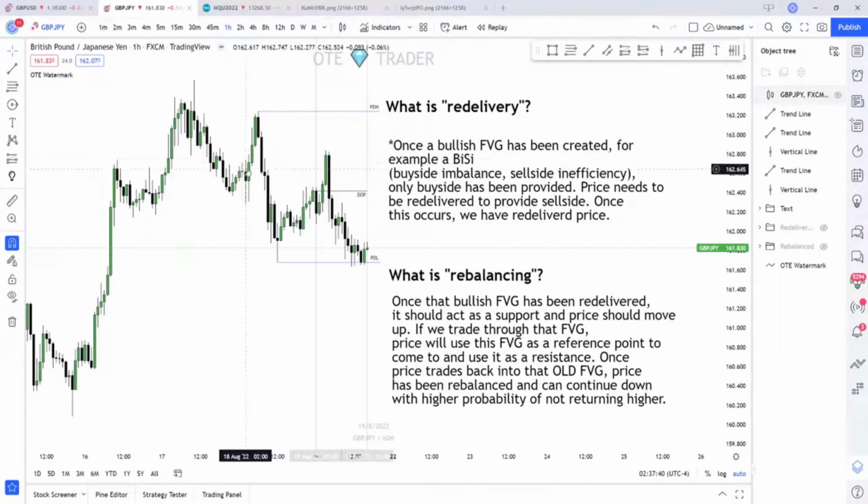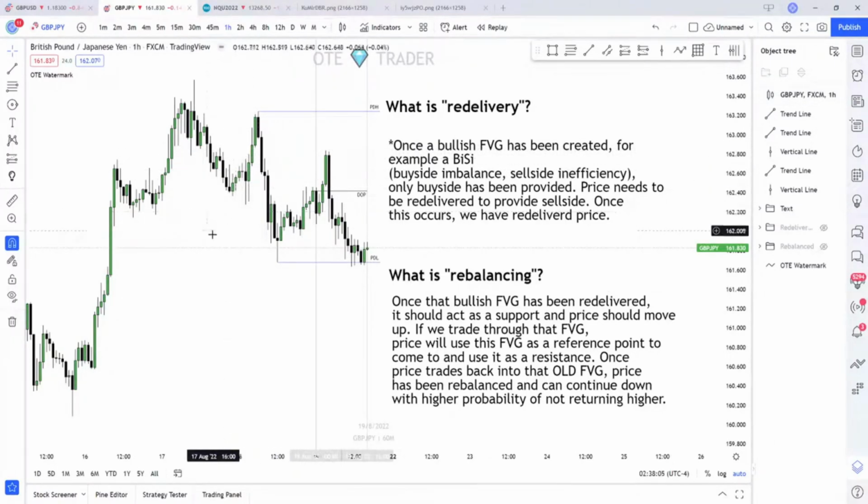Price has created a bullish fair value gap over here. So we move up, have a buy side imbalance, we trade through it, and you can see it just goes straight through it. This one has been redelivered, price went through it, and has offered all the sell side which was not provided during this time.